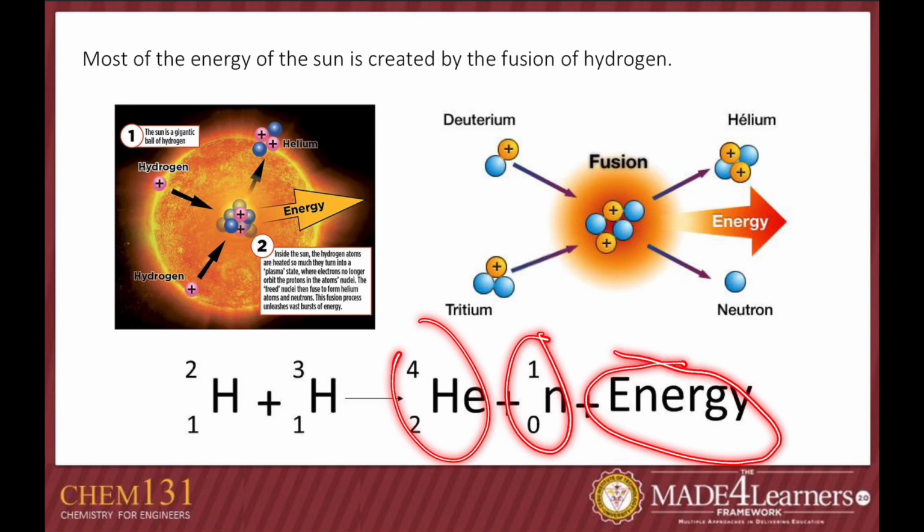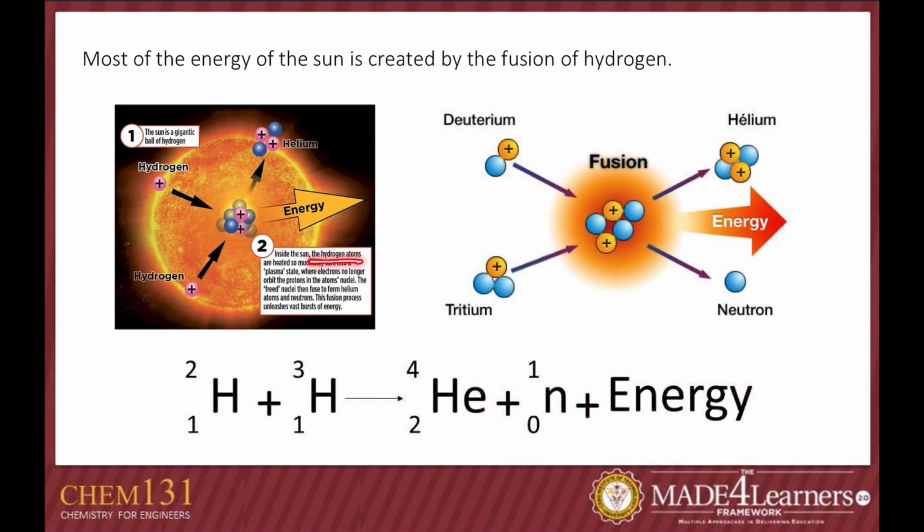Deuterium, which is hydrogen 2, and tritium fuse together to form helium plus a neutron plus a big amount of energy. Inside the sun, the hydrogen atoms are heated so much they turn into a plasma state, where electrons no longer orbit the protons in the atom's nuclei.